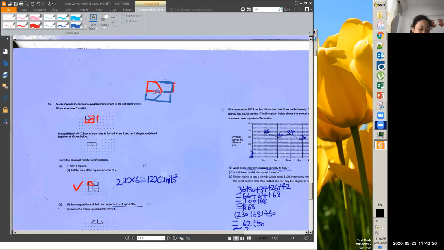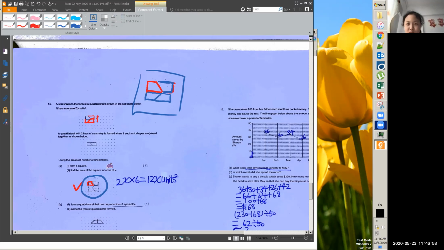Is this a square already? Is this a square? No. No, right? Okay, good. So if this is not a square, then that's why you need to continue. So that's why you get this thing. Okay? So form a square.